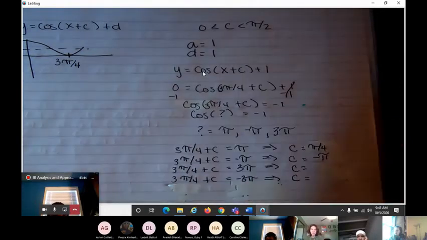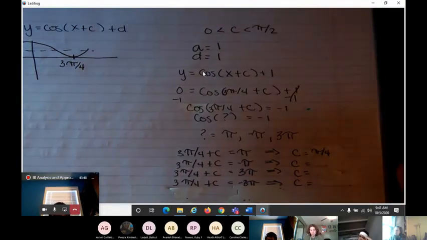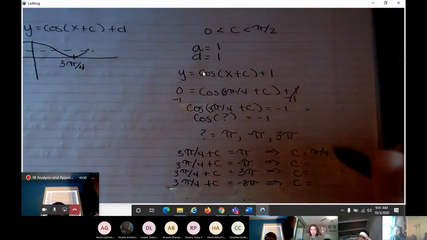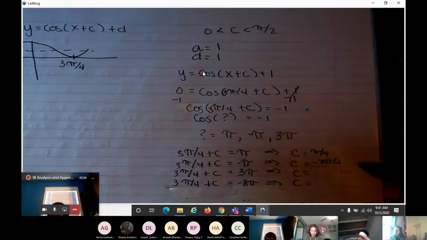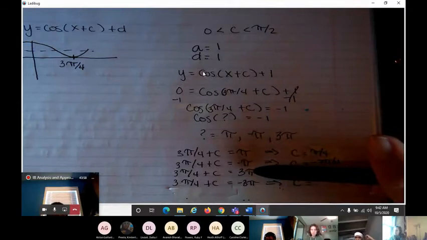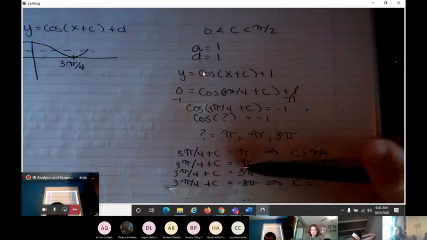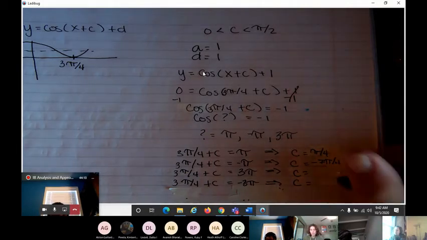Wait, no, negative pi is -4 pi over 4 minus another 3, so that's -7 pi over 4. Here, negative 3 pi is the same as, or this is positive. So positive 12 pi over 4 minus 3 pi over 4. 12, 11, 10, 9. So 9 pi over 4.